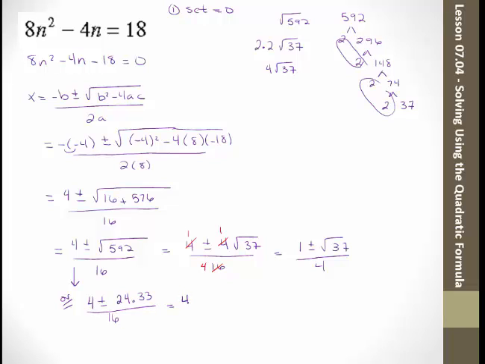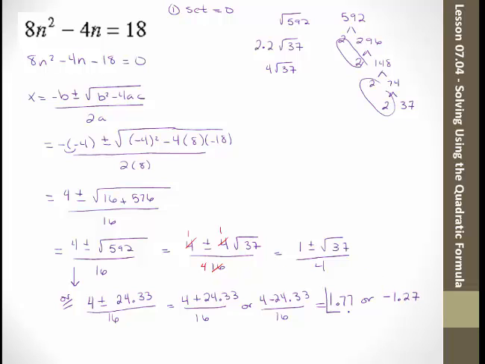So I get 4 plus 24.33 over 16, and 4 minus 24.33 over 16. And for the sake of space, 24.33 plus 4 is 28.33. Divided by 16, that gives me 1.77. And then 4 minus 24.33 is negative 20.33. Divided by 16 is negative 1.27.